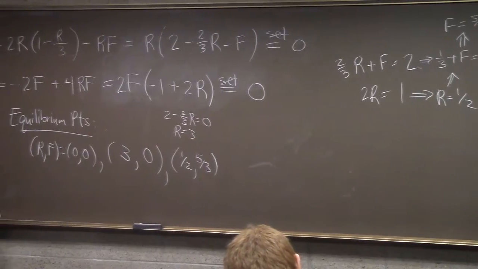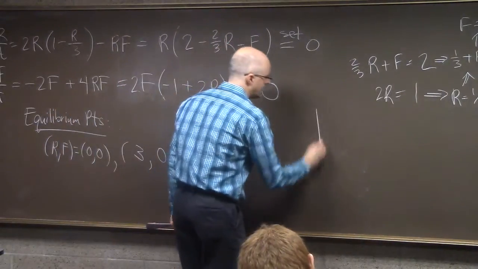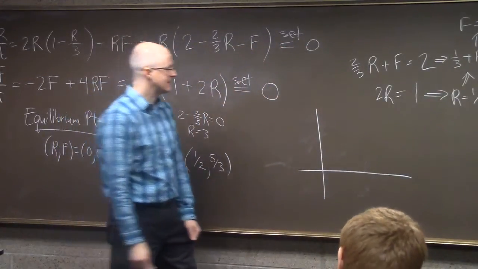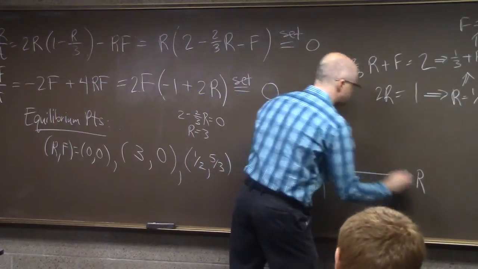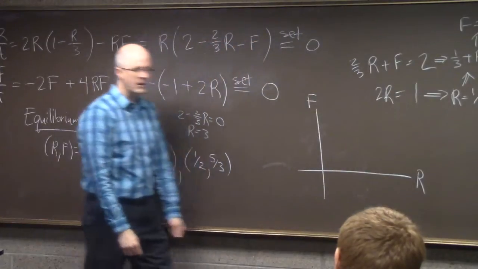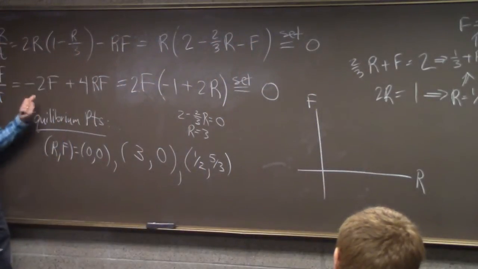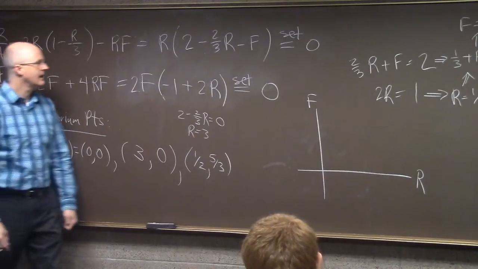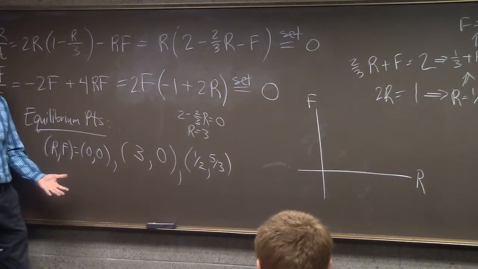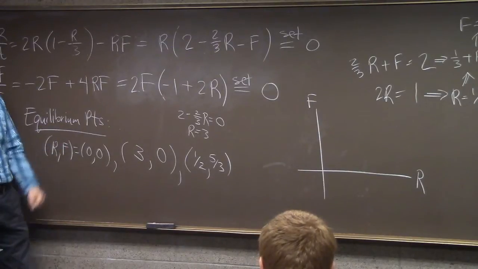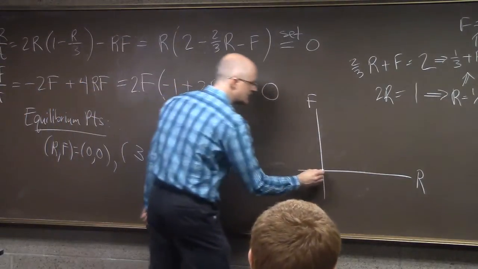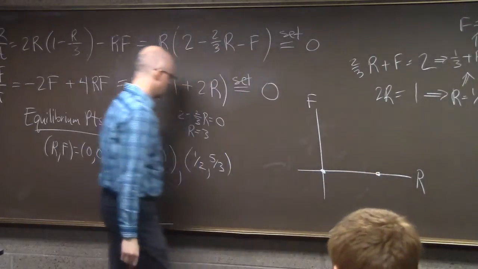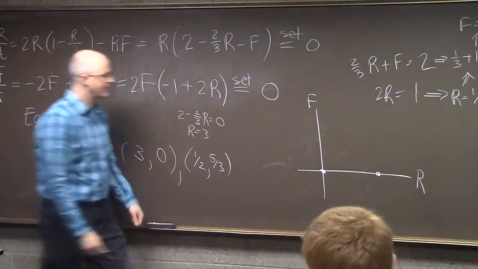Second thing you want to do is you want to start to draw solutions in the phase plane. You want to label it with your two dependent variables, in this case, again, capital R and capital F. And the easiest thing to do in this situation is to, well, first of all, plot the equilibrium points: (0, 0), (3, 0), and (1/2, 5/3).